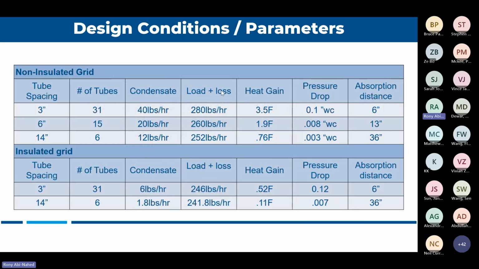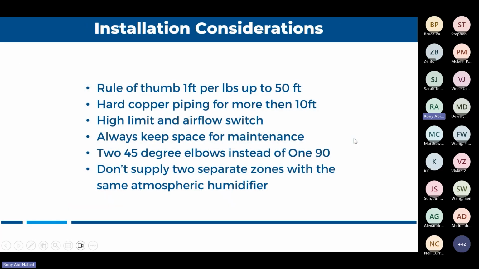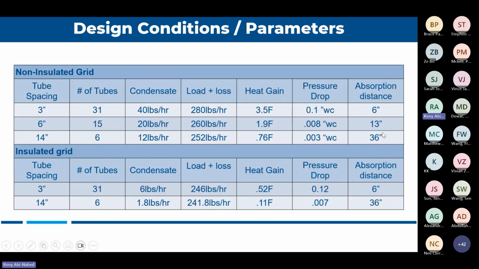So now, for a 36-inch absorption distance, I need a grid with 6 tubes. So I need a multi-steam with 6 tubes to give you that. But I'll be losing 12 pounds per hour. So my reload will be 252 instead of 240 pounds. And I'm adding about 0.76 Fahrenheit of heat gain. It's not a big issue.